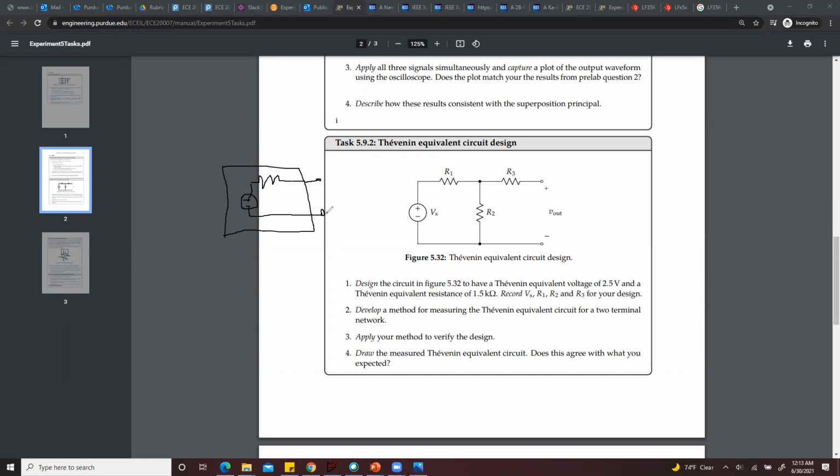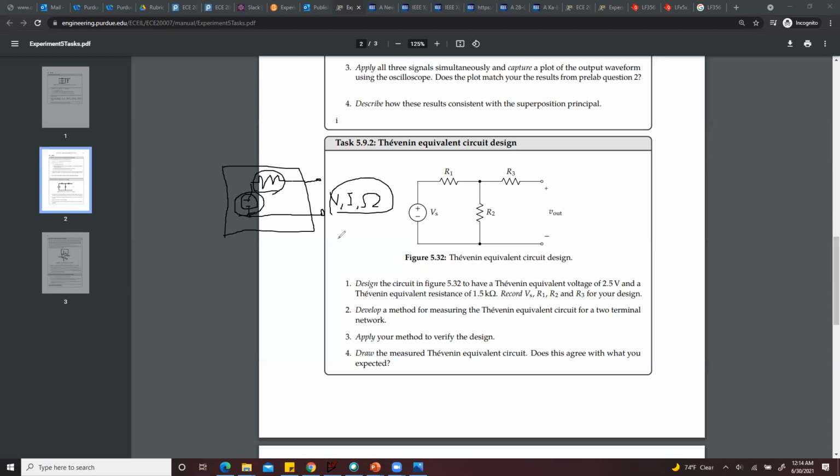Then you can think about a method to find out the values of these two components, the resistance and the voltage. You can use the DMM to measure the voltage, use an ammeter to measure the current, or use the DMM to measure the resistance. Whatever method you use, you need to find the equivalent resistance and the equivalent voltage.